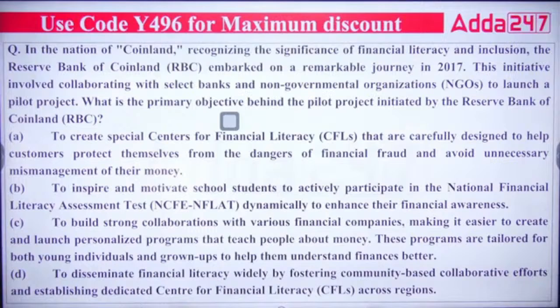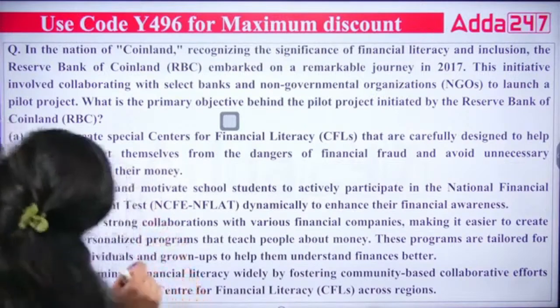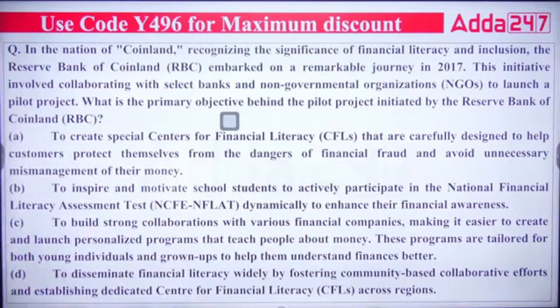First is saying to create a special center for financial literacy, carefully designed to help customers protect themselves from the danger of financial fraud and avoid unnecessary mismanagement of their money. Second is saying to inspire and motivate school students to actively participate in the National Financial Literacy Assessment Test, to enhance their financial awareness.